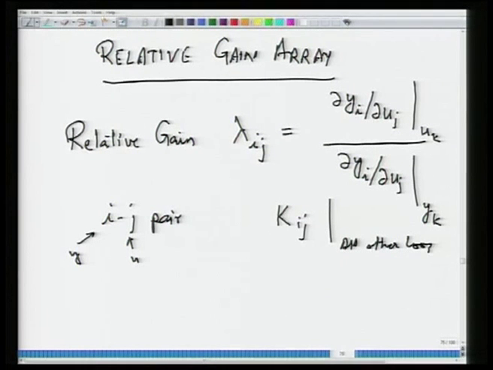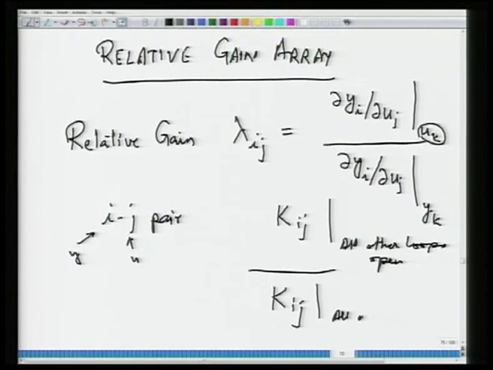All other loops open means all other inputs are held constant, divided by what is the gain of this ijth pair with all other loops closed.